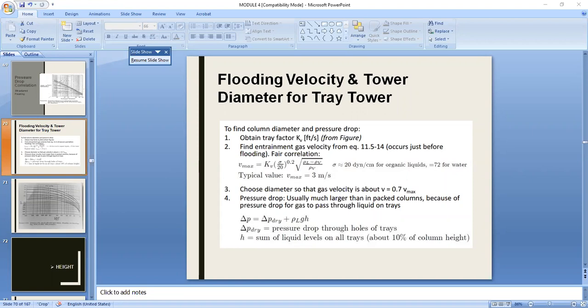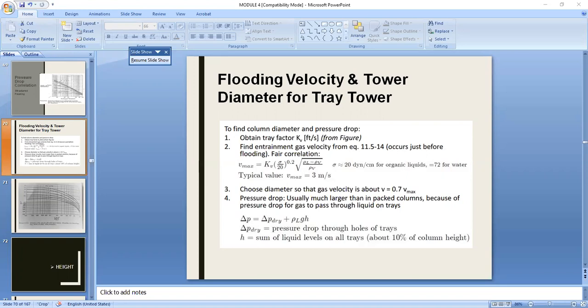Now, pressure drop usually is much larger than in packed columns. That is why when we were discussing the topic, your packed column is preferred for delta P's which are small. And we have delta P here equal to delta P dry plus rho sub L g h. This is still pressure. So delta P dry is the pressure drop through the holes of the tray, and h is the sum of liquid levels on all trays, which is about 10% of the column height.